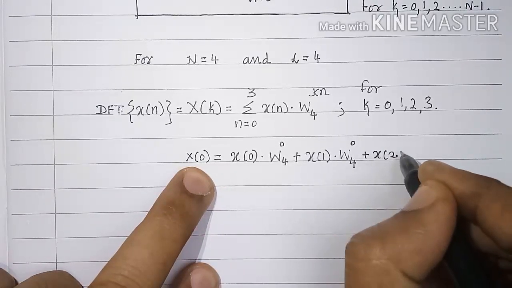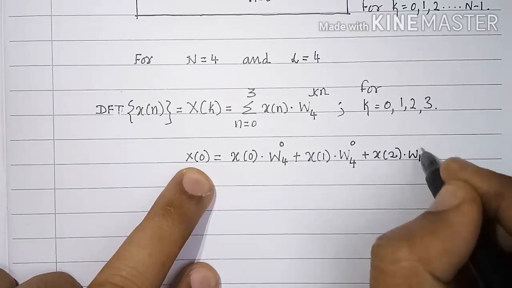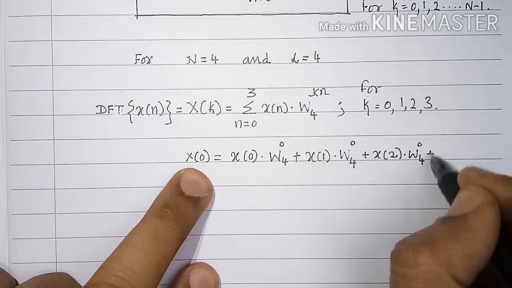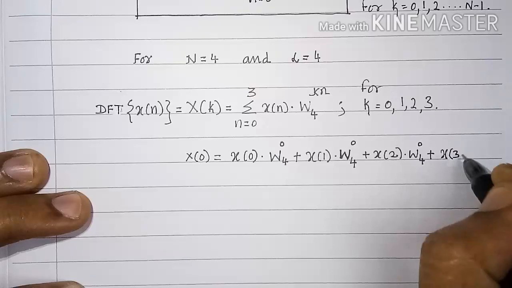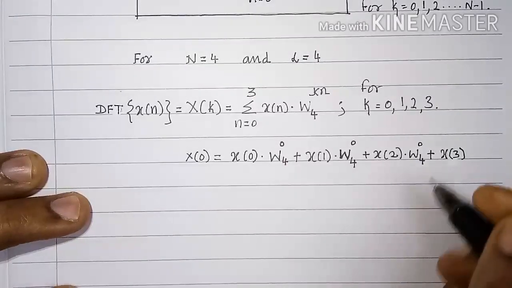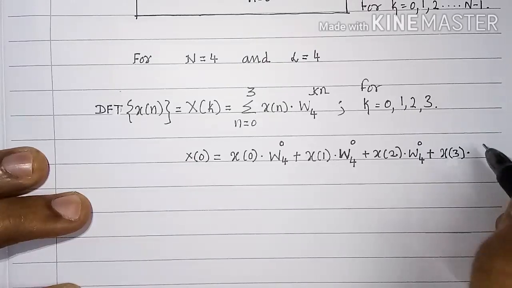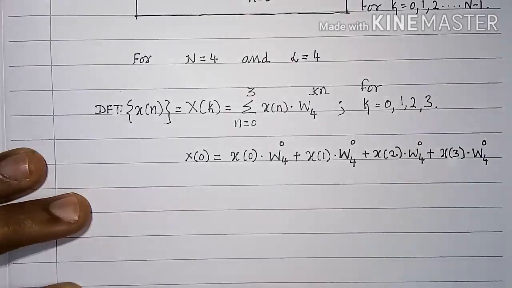Similarly, x of 2 into W4 to the power 0 plus x of 3 into W4 raised to 0.